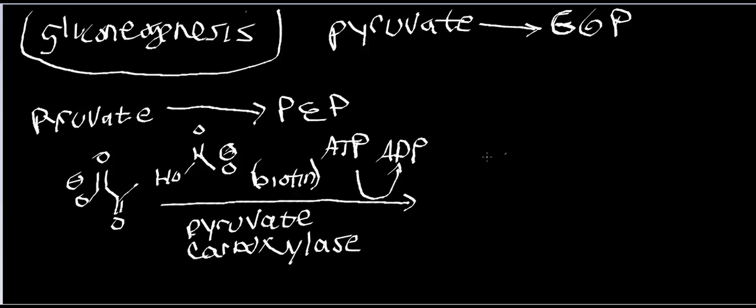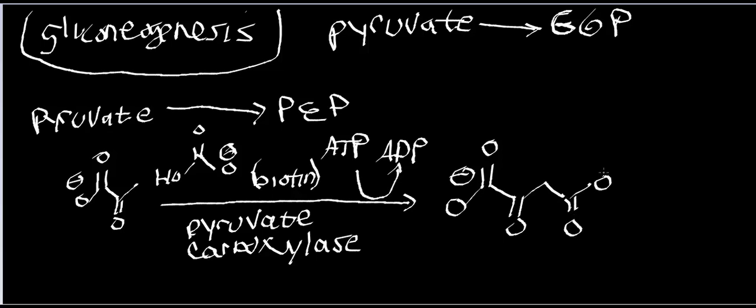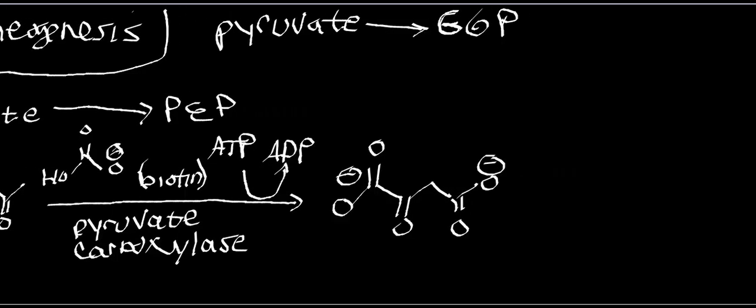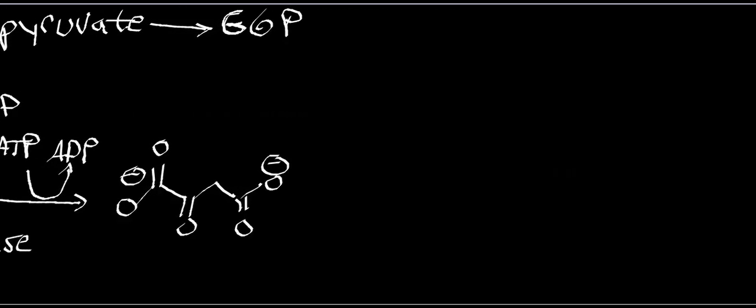So what we end up getting is oxaloacetate. If you watched the TCA cycle video, you will see oxaloacetate. Let me draw the carboxylate out, and you'll see why in a minute. So here's oxaloacetate, which, recall, is the terminal intermediate in the TCA cycle.